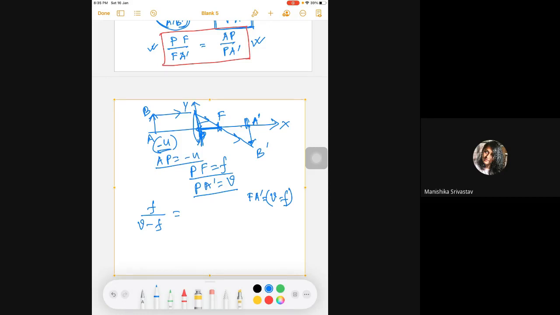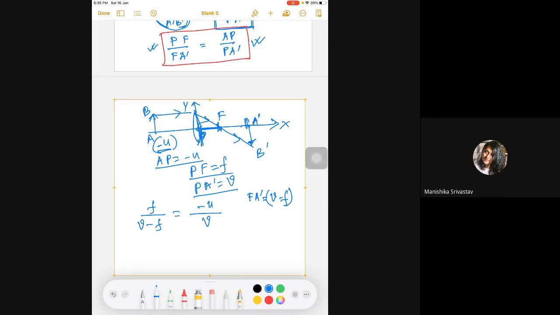AP, we all know, is minus u, other side, and P A dash will be v. Clear? Just check the sign convention, where from you are subtracting what, and then you will be done. Is it clear, students? Yes, sir.